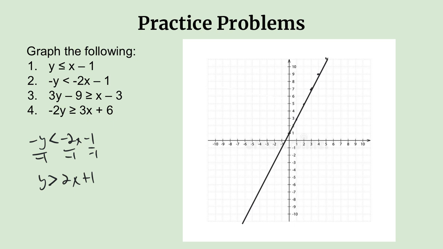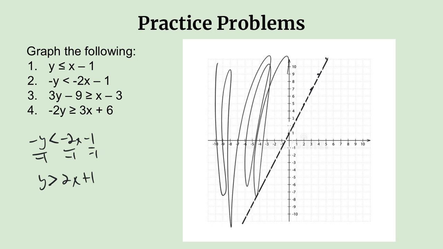Now it's greater than, not greater than or equal to. So we're going to need to dot this. And then it's greater than, so we want everything above the line.